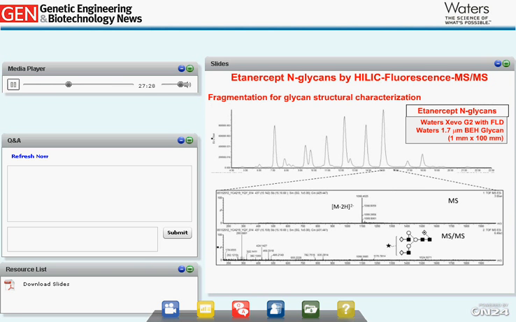Here in the top profile you can see a separation of the released N-glycans from etanercept on a Waters BEH column. And then in the bottom profiles you can see that one of these peaks has been separated, and it's been analyzed on the mass spectrometer in one dimension, but then fragmentation has happened in MS to the 2.